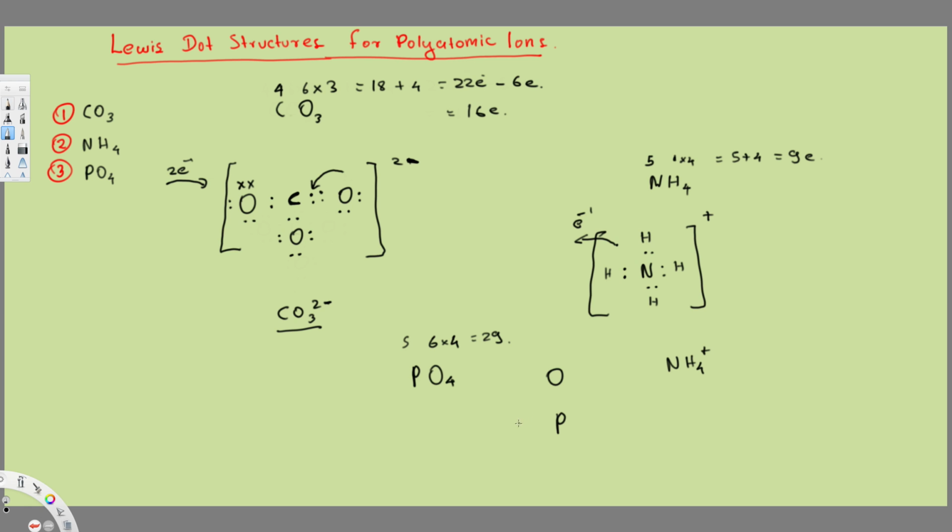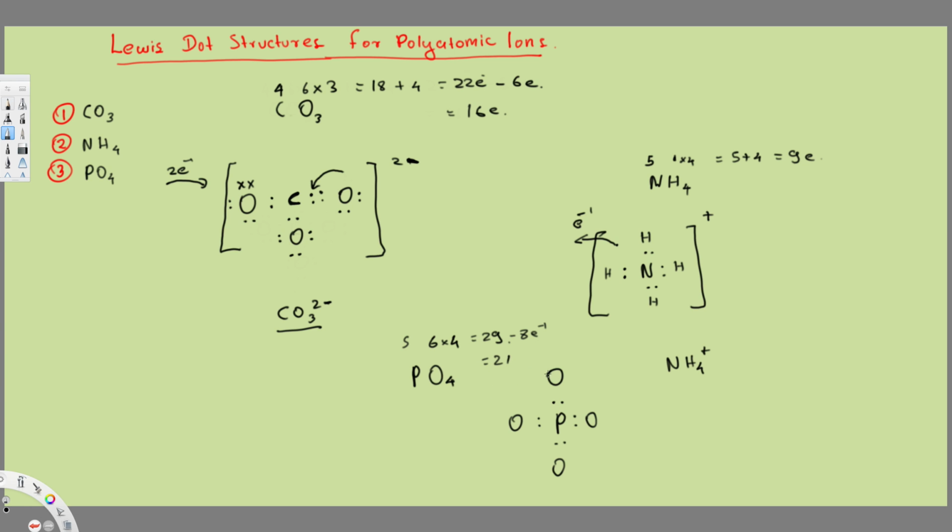P, O, O, and each one is going to form a bond, 2 electrons per bond, right? So 2, 2, 2. So we have removed 8 electrons already. If we remove 8 electrons, we have 21 left.